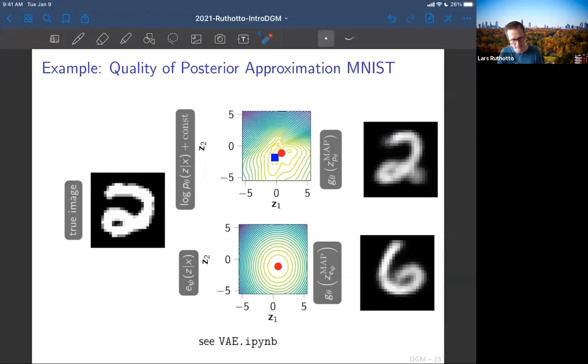In this example, since we're in a 2D latent space, we can actually plot many things that get lost in high-dimensional problems and real, complicated data sets. So what I show you here, that's a true image, probably a 2 or something like that.